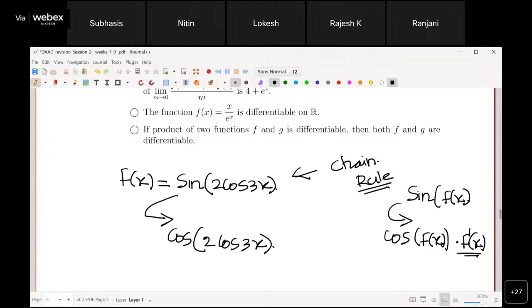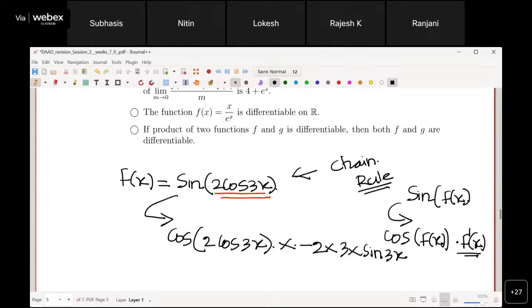Next, you need to differentiate this part as well. If you differentiate this bracket part, you get minus 2 sine 3x, times 3, so minus 6 sine 3x.